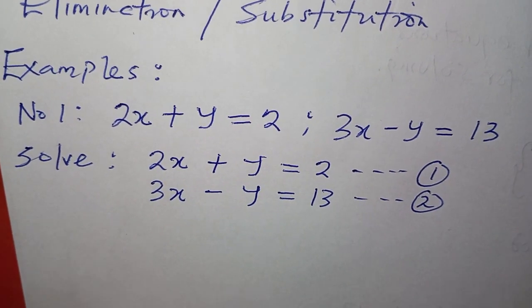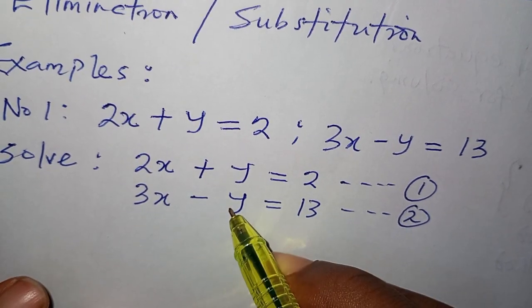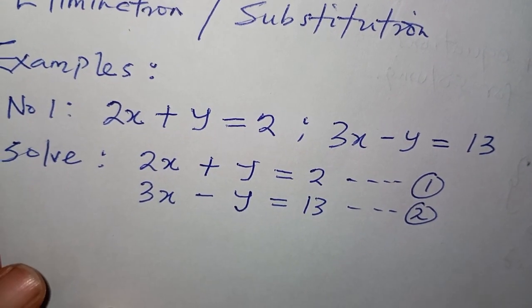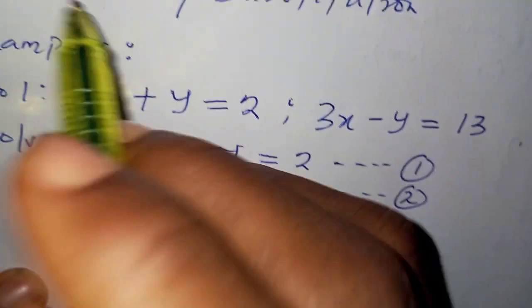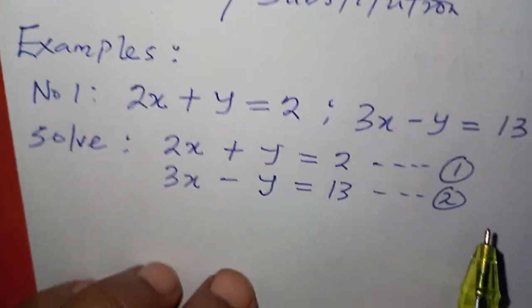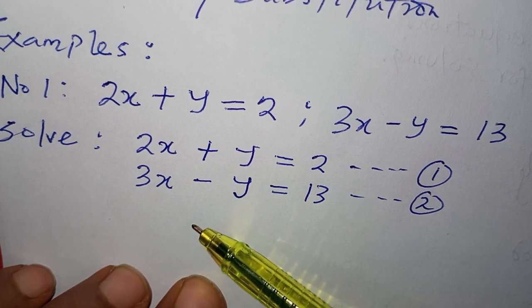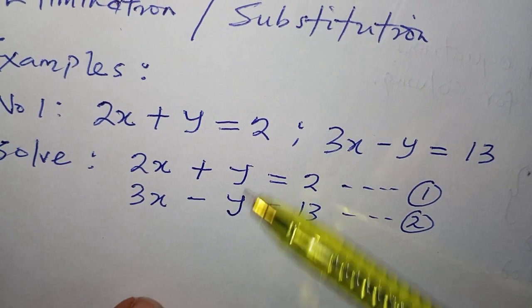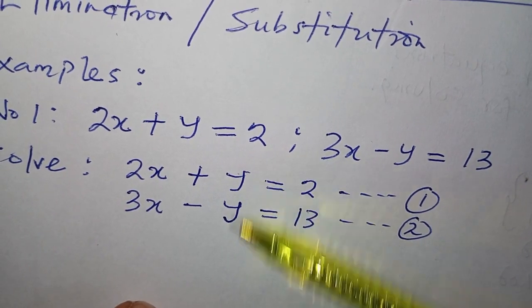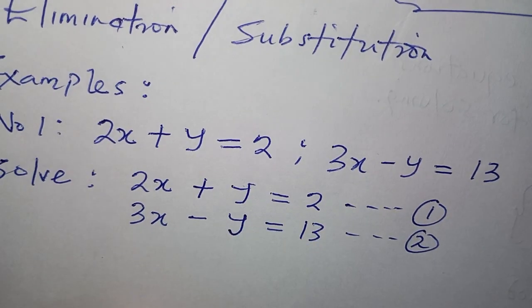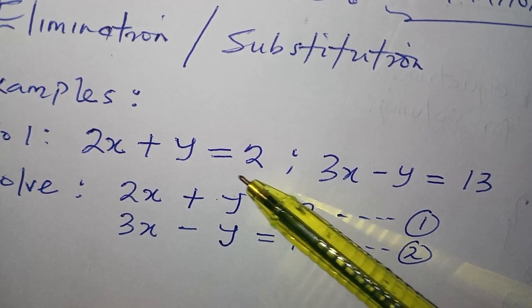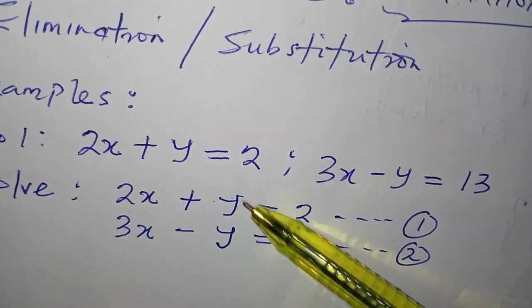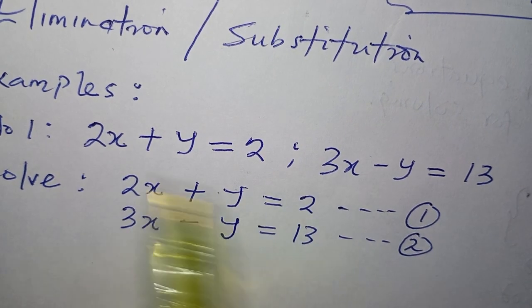Now, when you're given an equation like this, using your instincts, you should decide and tell the method that will be suitable for you. Now looking at this, the easiest method to use is basically the elimination method. Why? The y here has a coefficient of 1 just in front, and since they are like variables, it will be easier for me to eliminate.